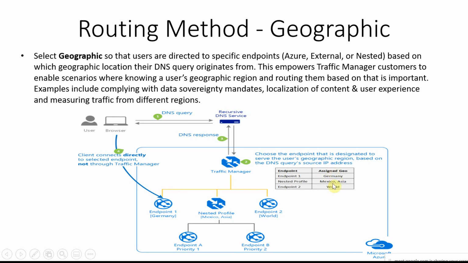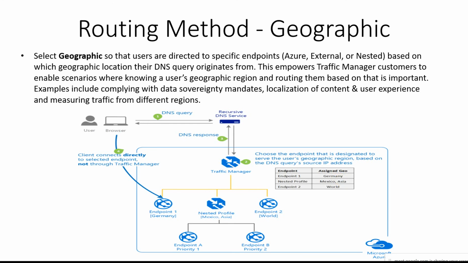If the user is from Germany, it will be routed to Germany. Or if the user is from a country which is in the EU itself, let's say France. I assume France is closer to Germany. So if the traffic is coming from France, it will still route to Germany because that is what is closest.